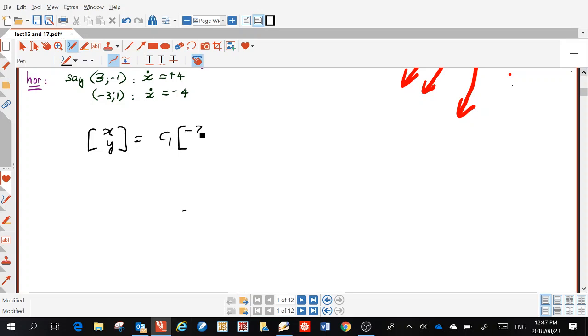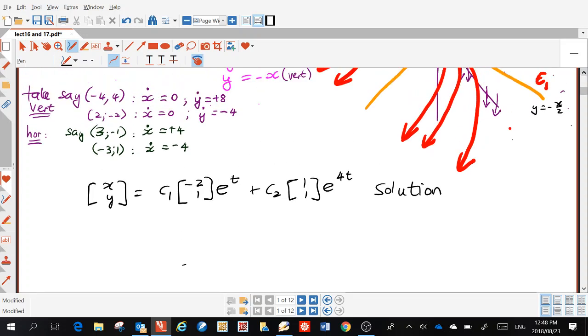Minus 2, 1 e to the t plus c2 1, 1 e to the 4t. This is the actual solution. The picture is just the flow lines. It tells us how we depict the solution depending on the constants c1 and c2. So there's a whole family of curves. For different c1s and c2s, you get any one of these curves.